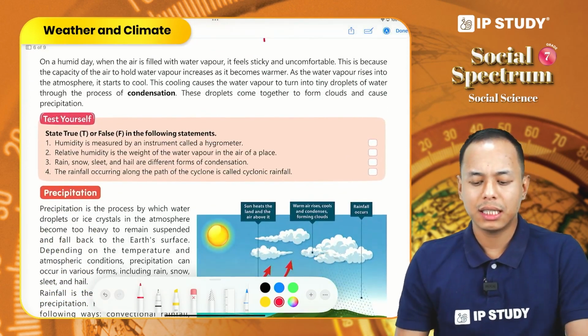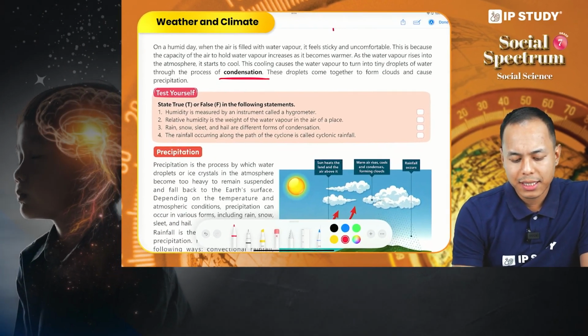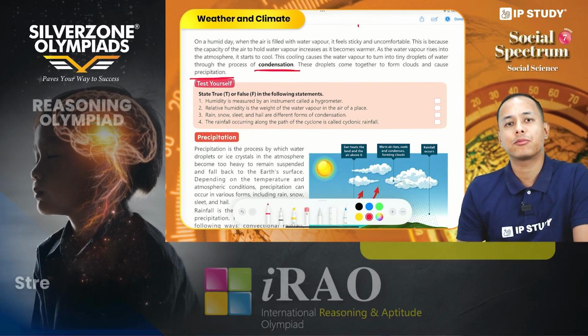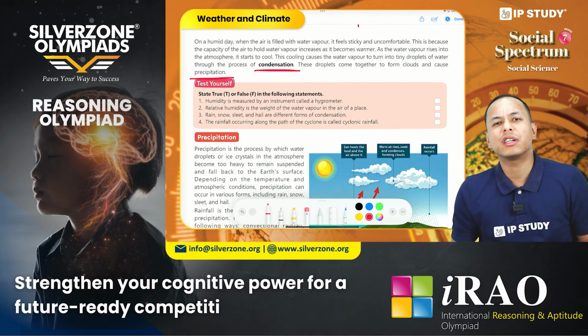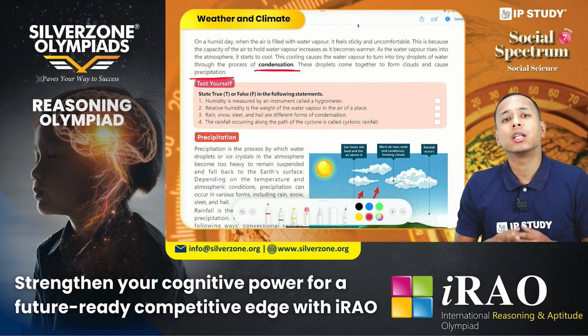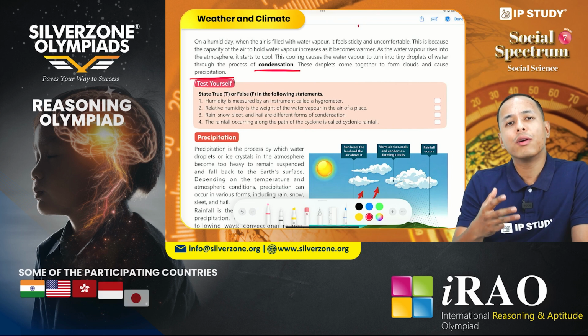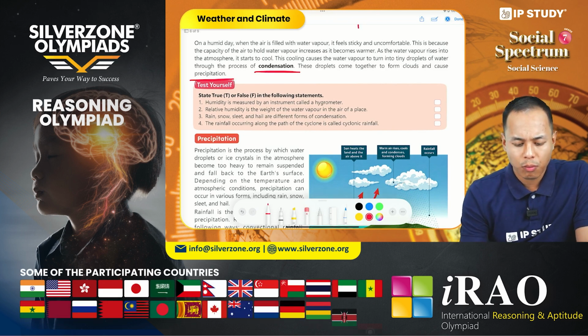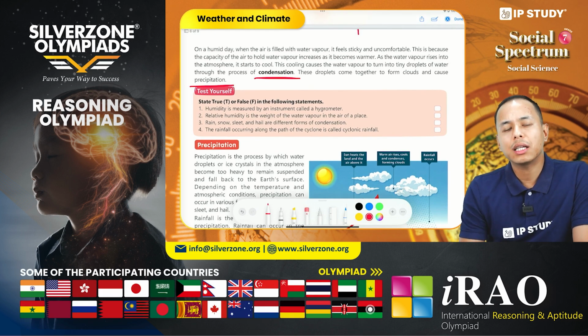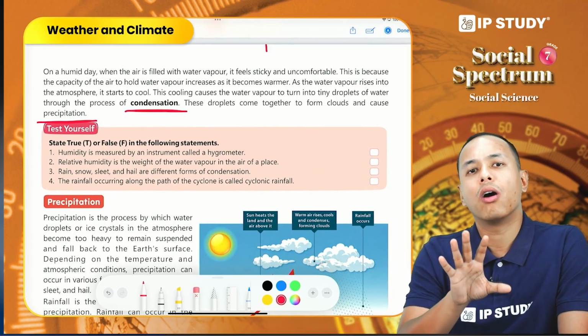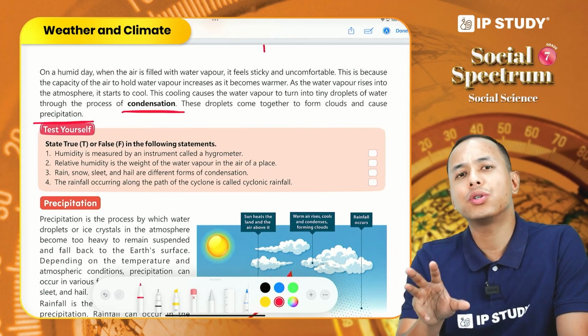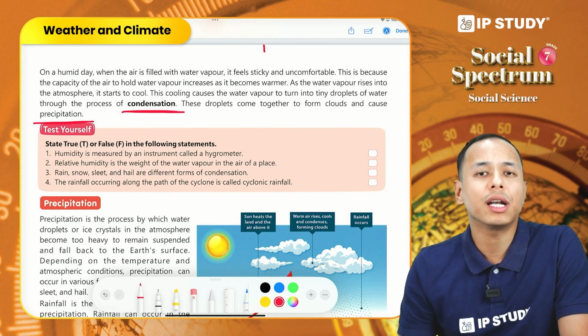So now let us see the topic of condensation and precipitation. On a humid day, we feel uncomfortable and sticky, because the amount of moisture in the air is high. When this moisture or water vapor rises up, the air containing this moisture cools down because of the process of condensation.